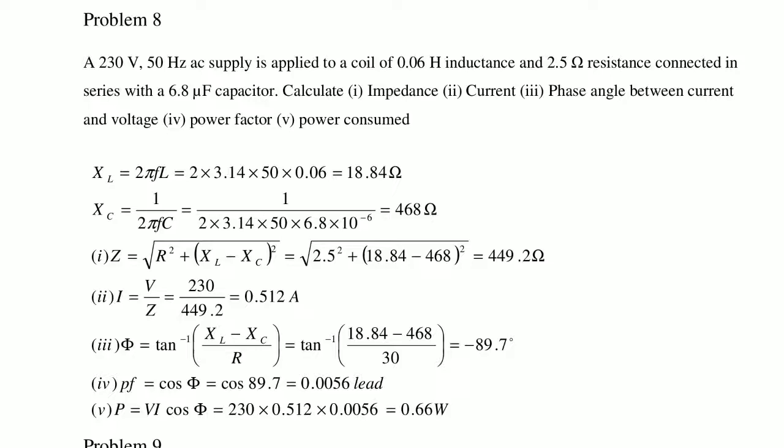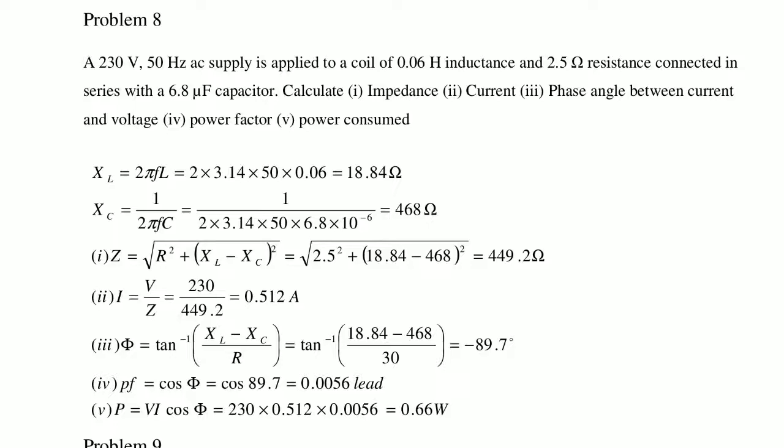Now, what they have asked in the question: first, Z is equal to under root of R square plus XL minus XC whole square. R is 2.5, already given in the question, so 2.5 whole square, plus XL is 18.84 and XC is 468.